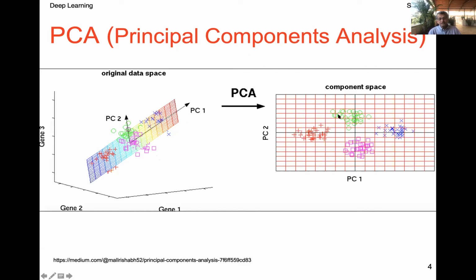And the 4 categories are shown almost more clearly in a 2-dimensional space. So we are discarding 1 dimension. When we go to the lower dimension, we need to do a linear transformation: take the values along the 3 dimensions, multiply them by some values, and add them to give you values along the 2 dimensions. This is what principal component analysis does. It figures out what the linear transformations are.